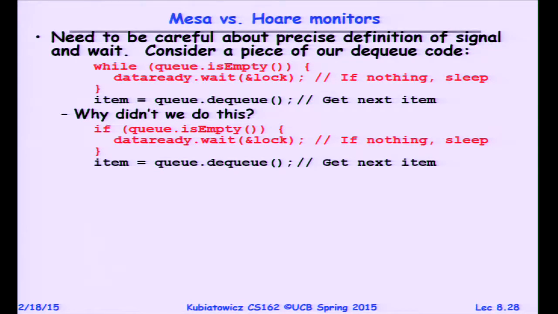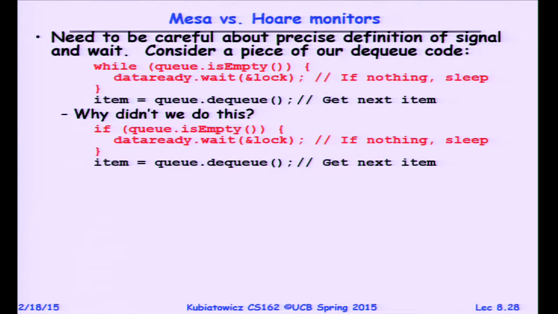That seems like your question, right? You could say, well, Professor Kubiatowicz, why didn't we say if queue.isEmpty? Why didn't we do that? Yes? You do that, you don't know that the queue really has an item on it. Yeah. So we don't know that the queue really has an item on it.